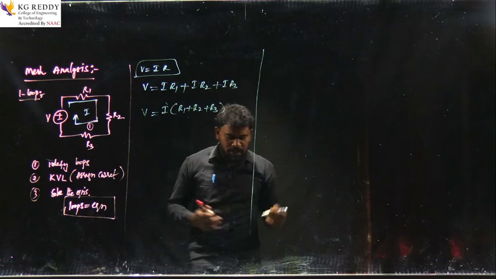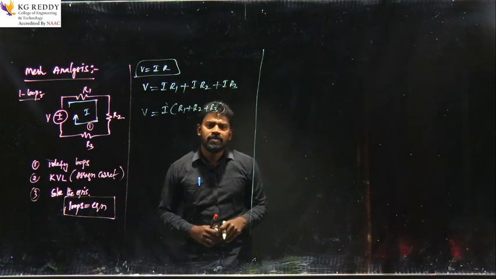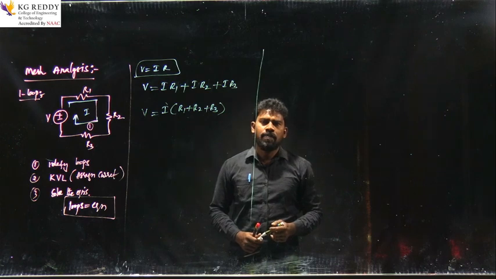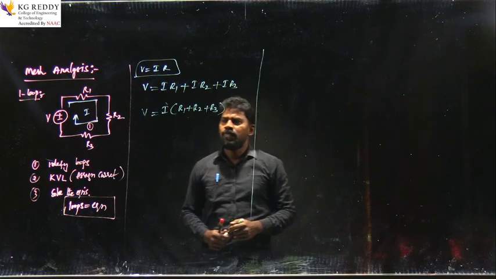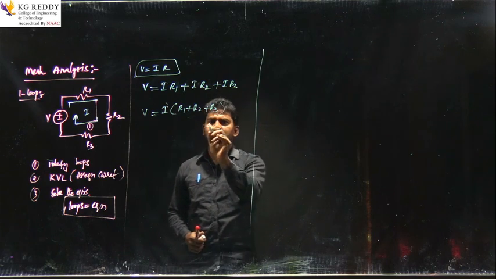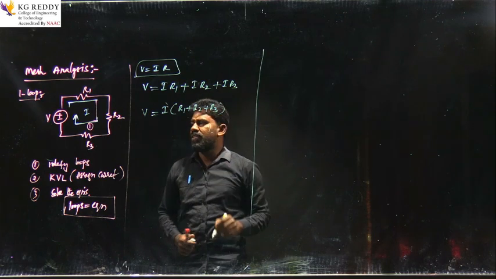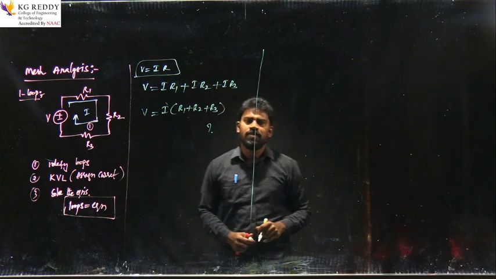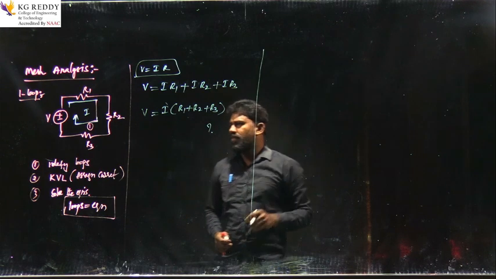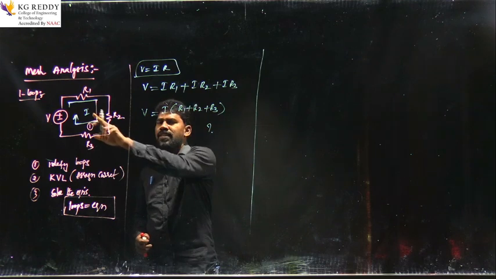What is our aim in this network? We have to find the current in each loop.